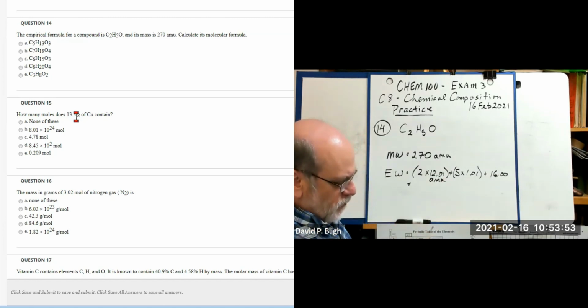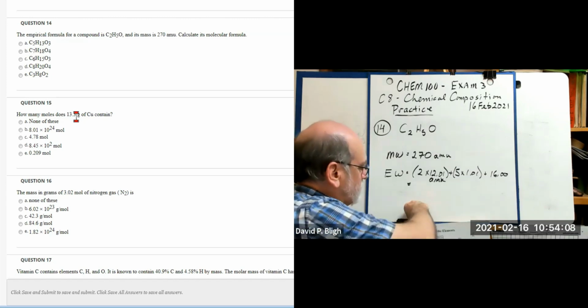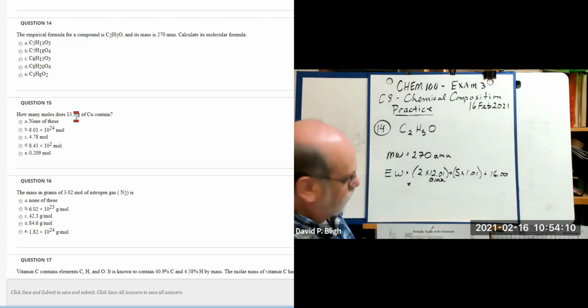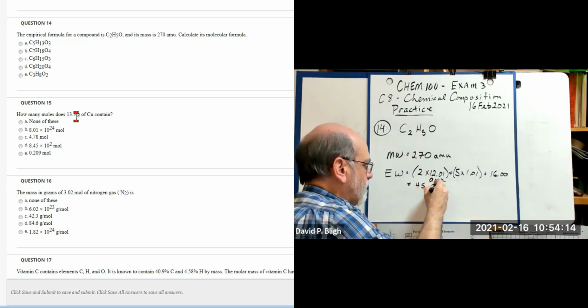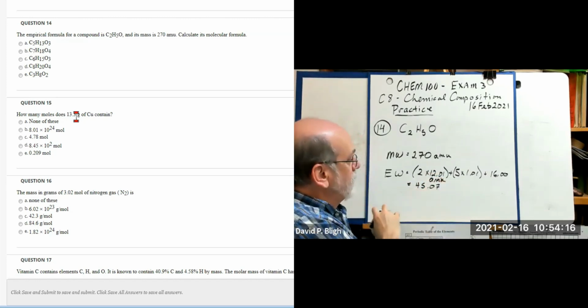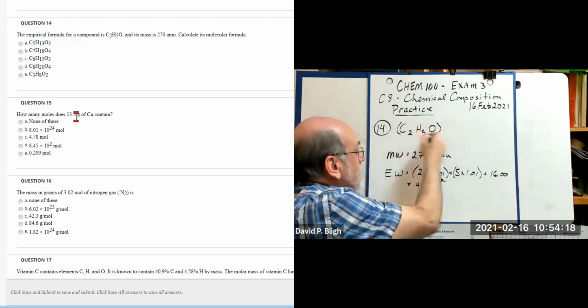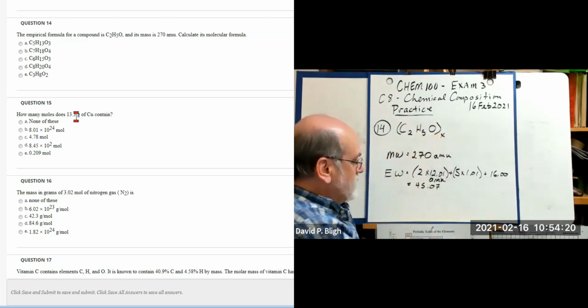All right, so 12.01 for carbon times 2, and then 5 times 1.01, add that, and then 16 for the oxygen. So that's 45.07. All right, so the ratio of the two tells us what X is.